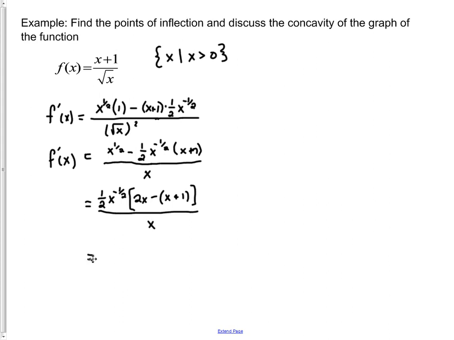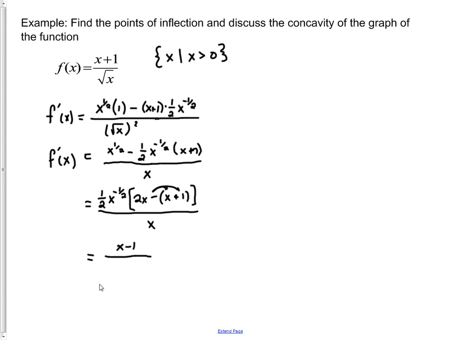So I'm going to simplify one more time right here. In the numerator, we're going to get 2x minus x plus 1. So that negative, of course, goes to both quantities in the parentheses, remembering that we're going to get x minus 1 then in the numerator.